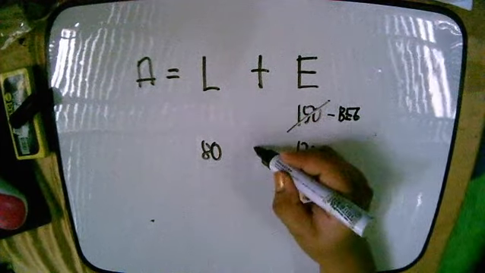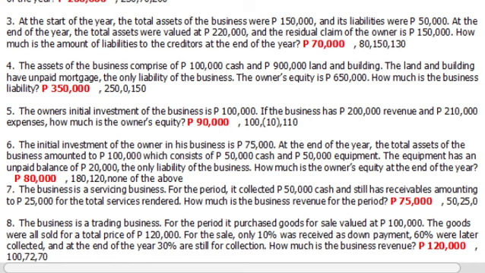Question number 3. At the start of the year, the total assets of the business is 150,000 and its liabilities were 50,000. At the end of the year, the total assets were valued at 220,000 and the residual claim of the owner, ibig sabihin, yung kanyang capital is 150. How much is the amount of liabilities to the creditors at the end of the year?